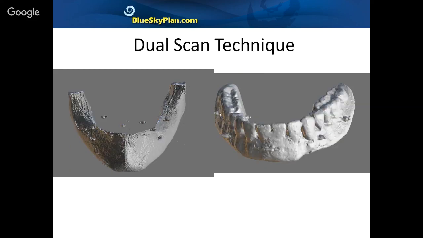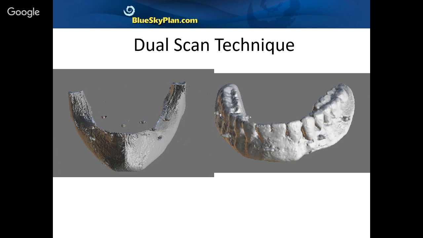When we're talking about the dual scan technique, we're talking about the CT scan of the patient with the markers, and the CT scan of the denture with the markers as well. And in the software, we're going to merge them. We're going to show the process in the software, and we'll be able to plan and create a surgical guide based on that.